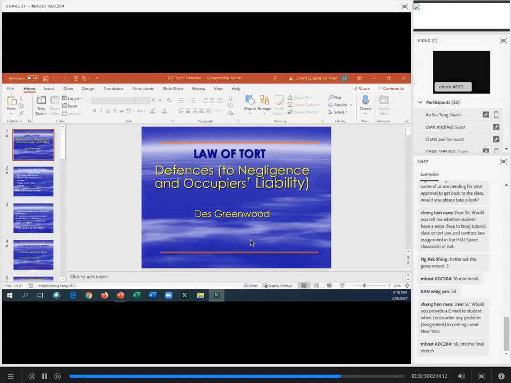Into the final stretch. So sort of an introductory, perhaps slightly more than introductory look at defences to negligence. I've also got occupiers liability. I'll be mentioning occupiers liability.